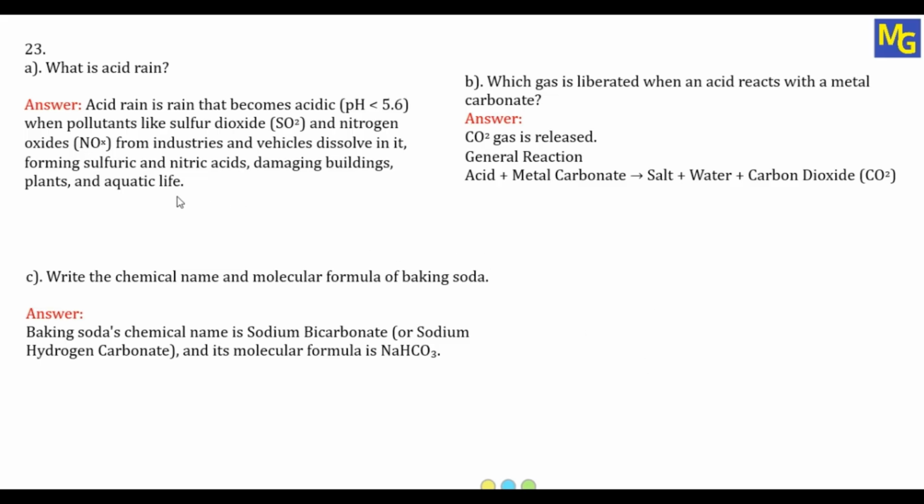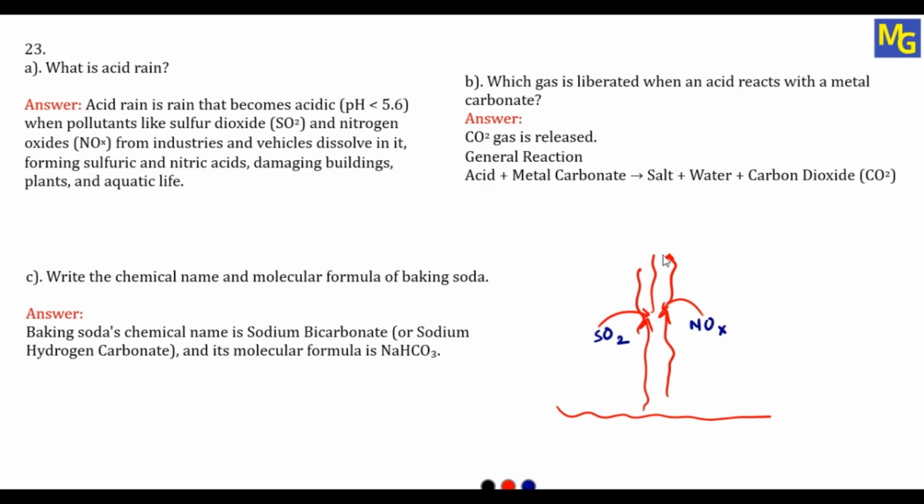But here, what happens? The gases like sulfur dioxide or nitrogen oxide, which are produced in the industries or by the burning of fuel in the vehicles, all those gases are also present in the atmosphere. So when the water stored on the land is getting evaporated and forming water vapors, the gases present in the atmosphere like SO2, NOx will get mixed into these water vapors, and all together will go up and become cloud.